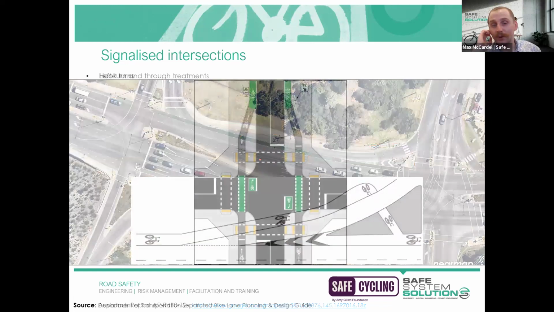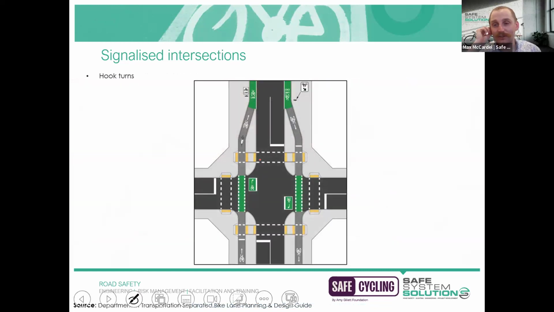All right, hook turns. We love hook turns here in Victoria. We do them for both vehicles and for cyclists as well. The general idea is, rather than get over into the right turn traffic lane, just use a hook turn box. It's way easier. It's so much less stressful.